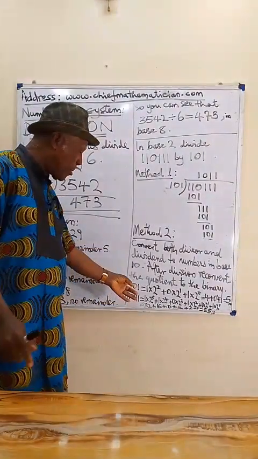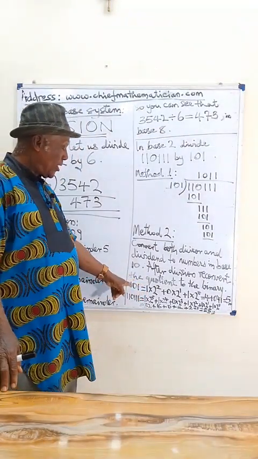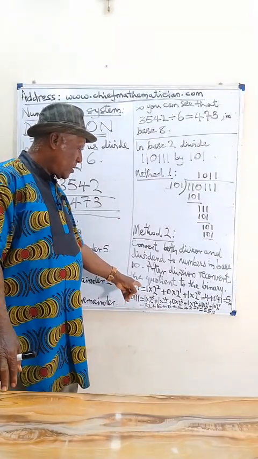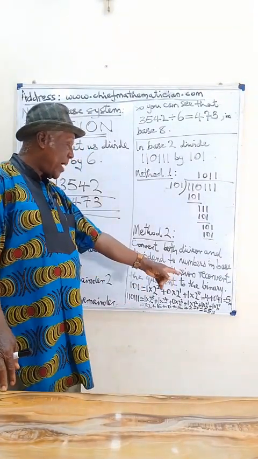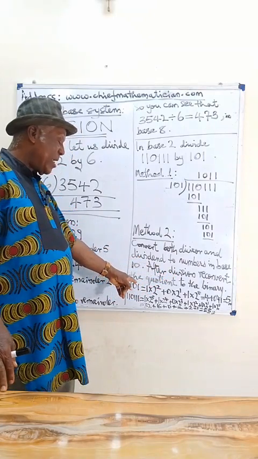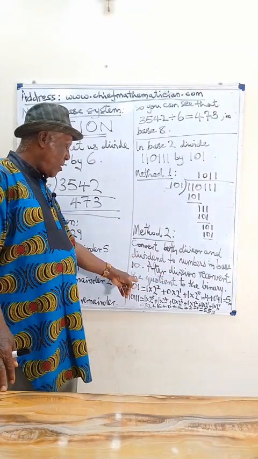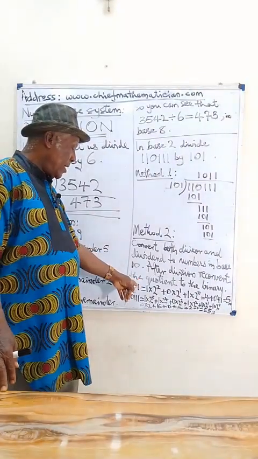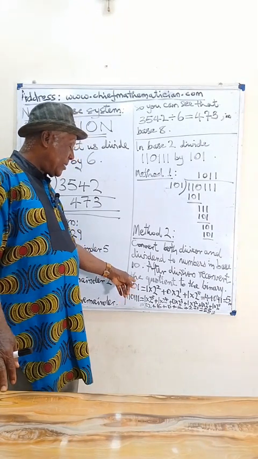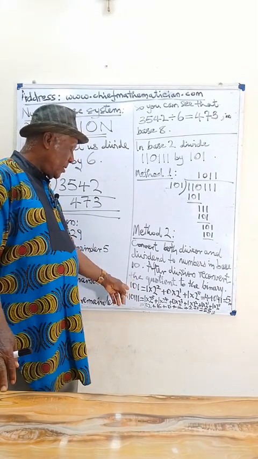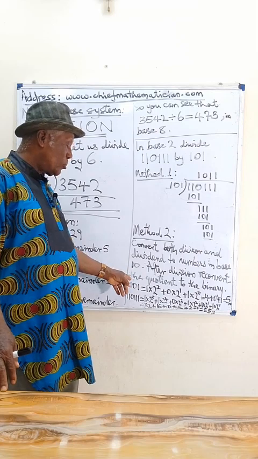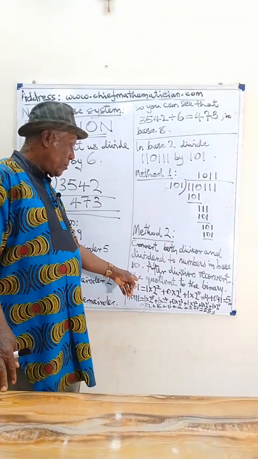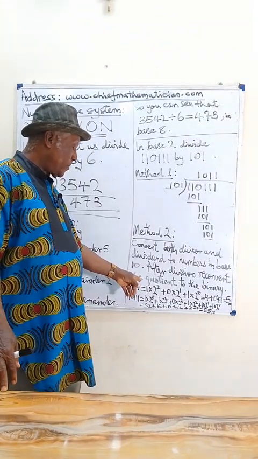So if you look at what we have here now, 101 is converted to a number in base 10 by bearing in mind that this one is under 2 to the power 0.